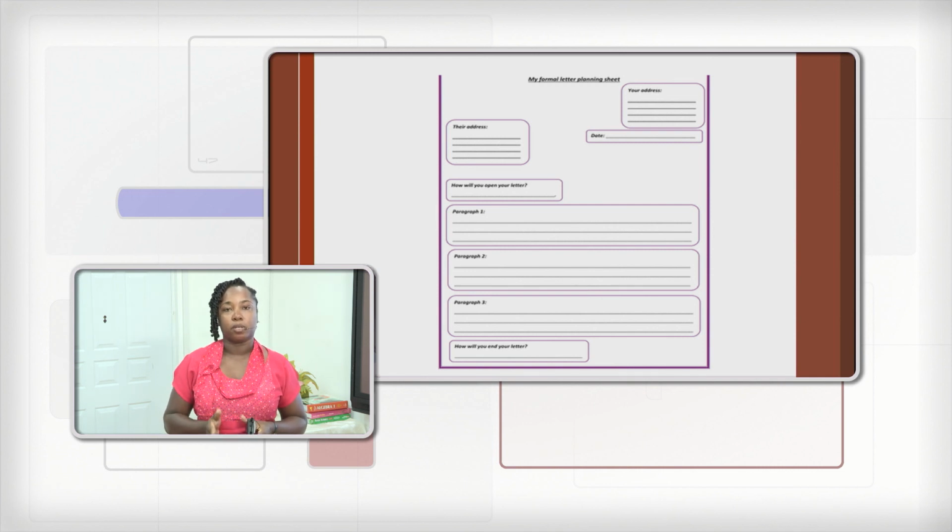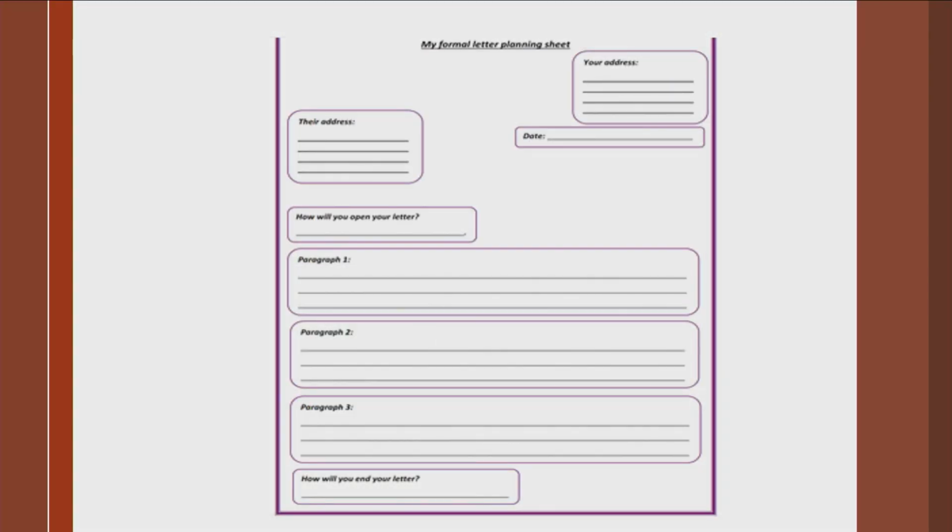Remember, you also have the block style. But in the indented style, you have your address and the date on the top right hand, followed by the address of the recipient on the left hand. Underneath that, you have your greeting, then you have the body, and the closure way below.